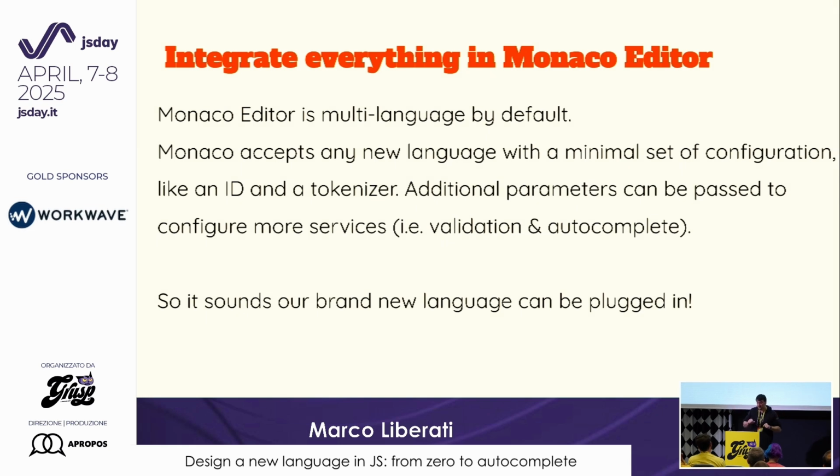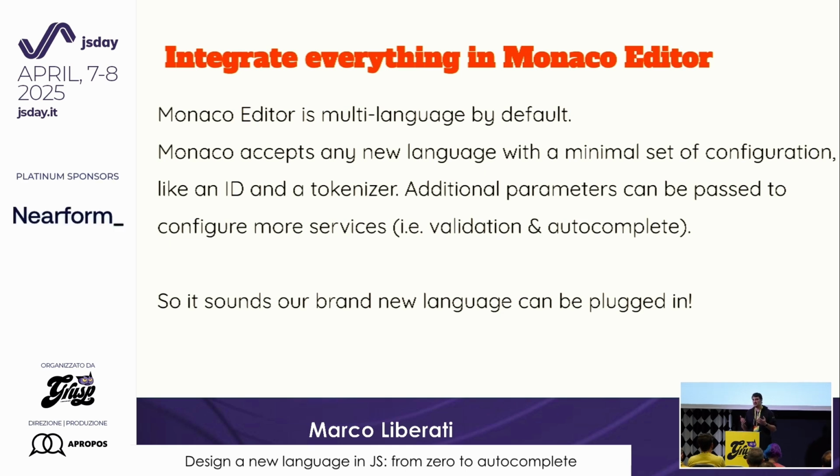I know it's probably a little too much to condense in a 30-minute talk, but now we made our language and we will bake it into the Monaco editor. Monaco, has anybody used Monaco here before? Okay, great. So Monaco is a great library that is multi-language by default and enables you to have a full IDE within the web browser. It's quite easy to extend because it requires a very minimal amount of information for configuration of a new language, fundamentally an ID and a tokenizer.